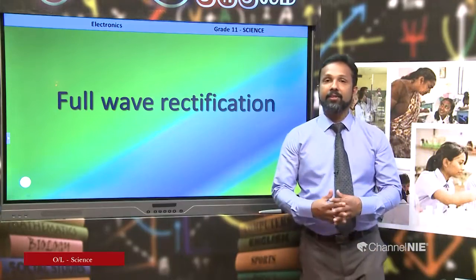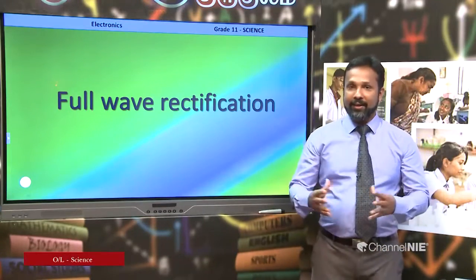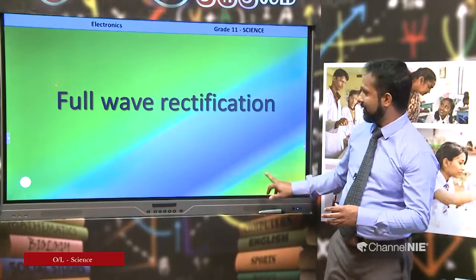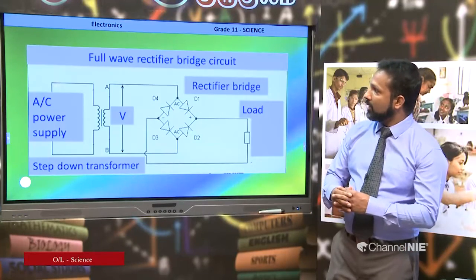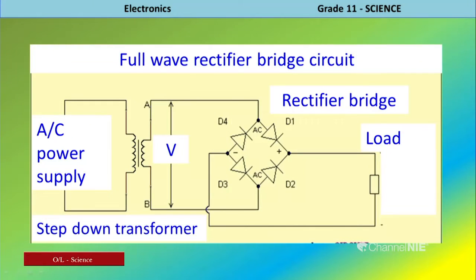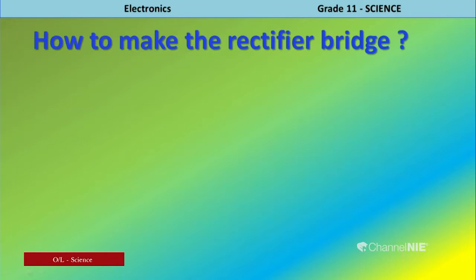Right, my dear children, let's focus our attention on the full wave rectification. This is the circuit diagram that we arrange for full wave rectification. Here we use AC power supply, step down transformer, rectifier bridge, and load, a bulb or resistor. Right.